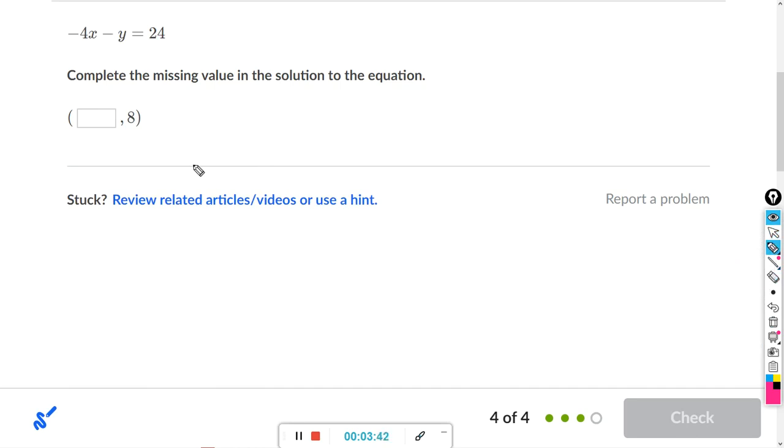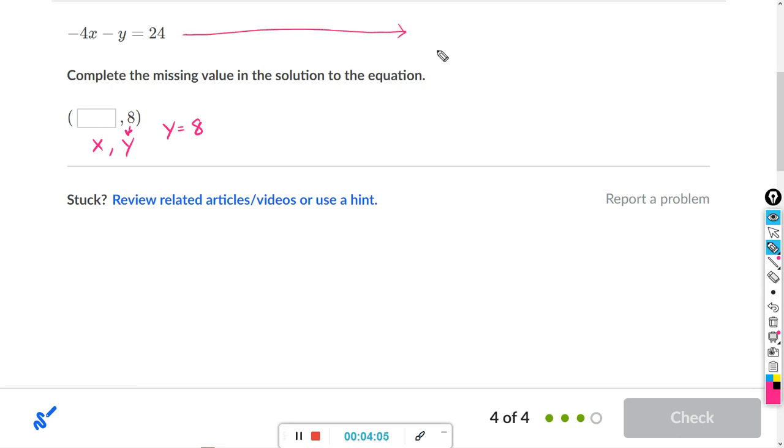All right, one more. Again, our coordinate is of the form x comma y. Okay, so we can see that y equals 8, and we have to solve for x. So we're going to plug in y equals 8.